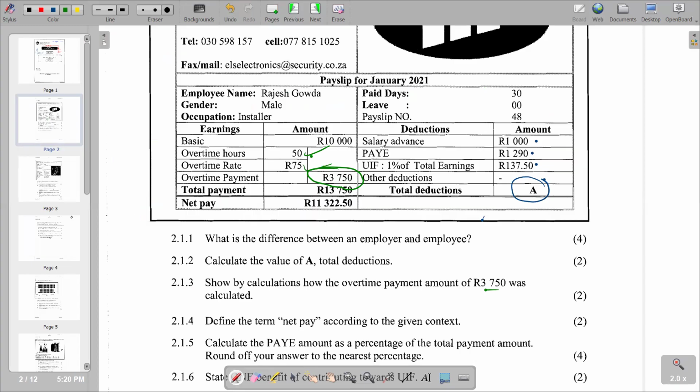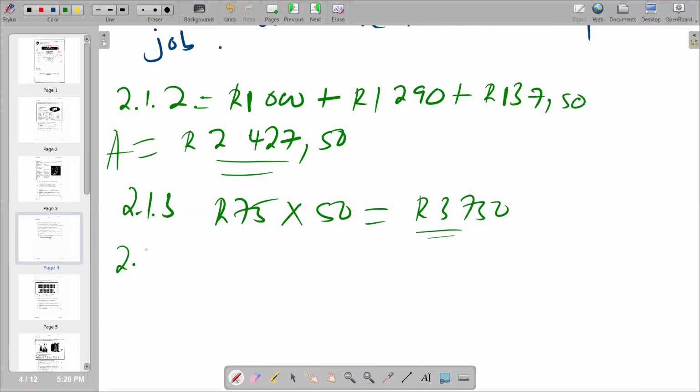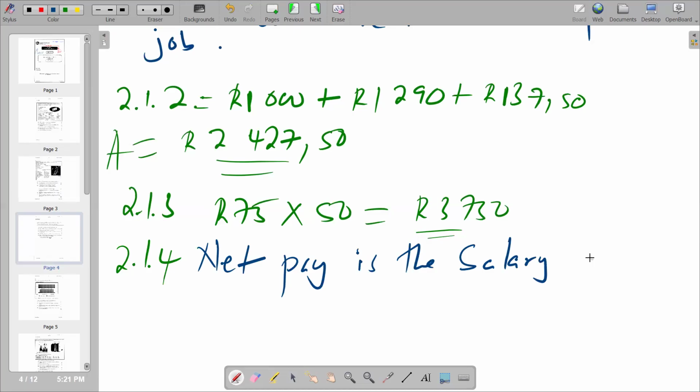So we can describe it: net pay is the salary minus total deductions. So basically, that's the description of our net pay.